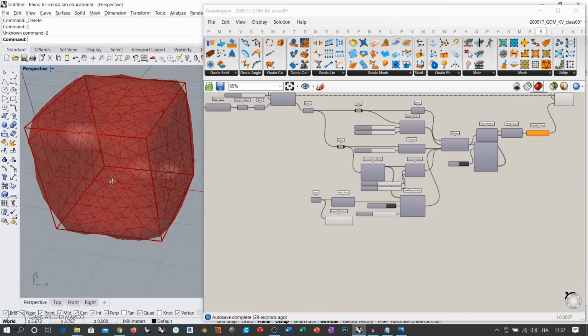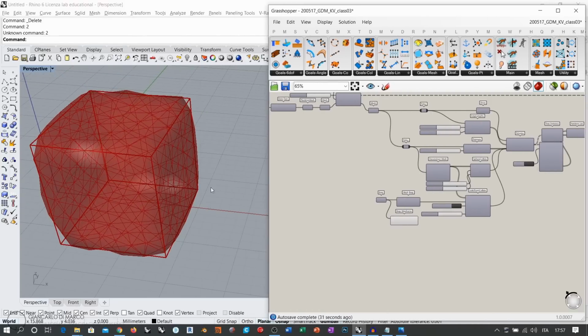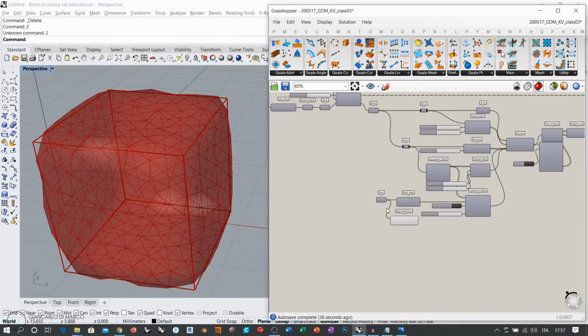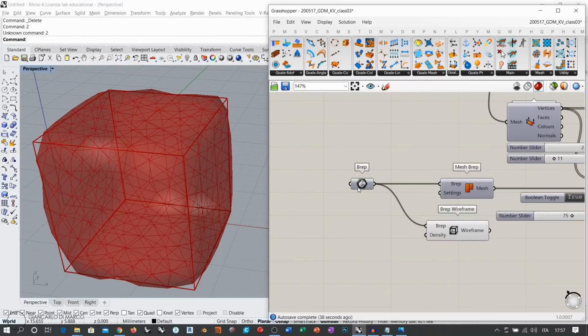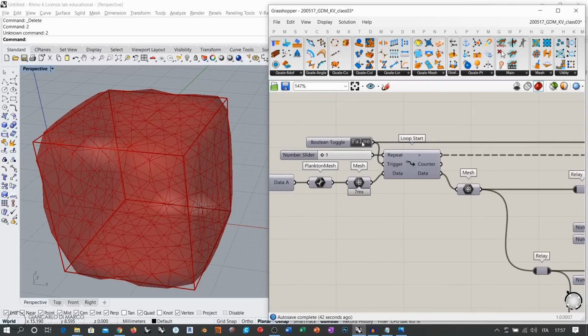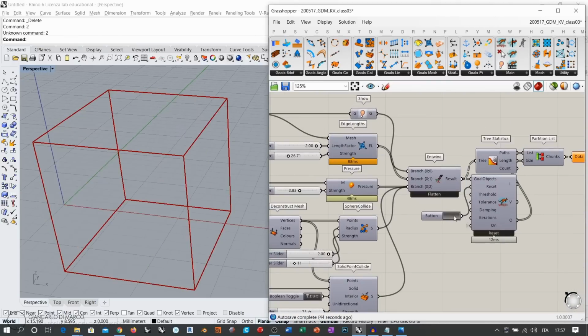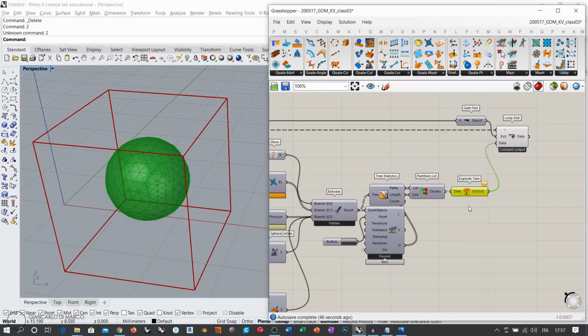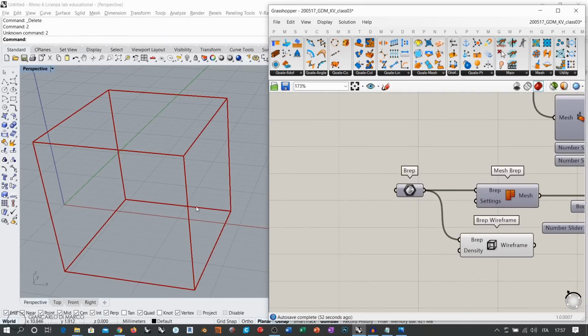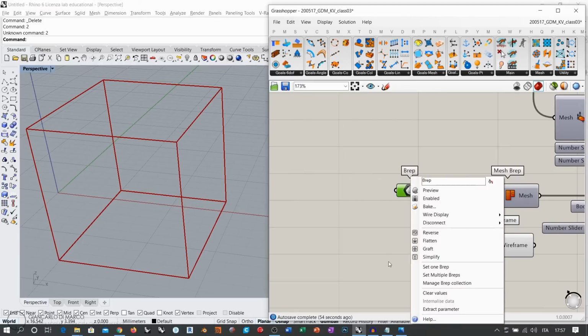And by the way, in order to have some need for this sphere to increase its resolution, we can also change the shape of this container. So let me stop the simulation, reset it, and change this box with something different.